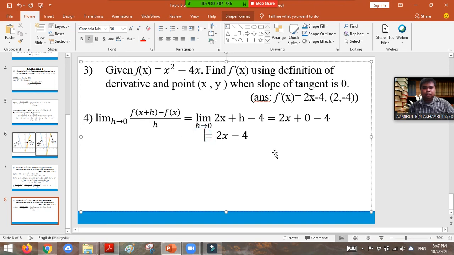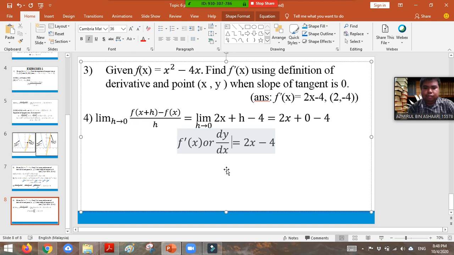Or you can also say that this is f prime x, the derivative f prime x, or you can say dy per dx, is equal to 2x minus 4.